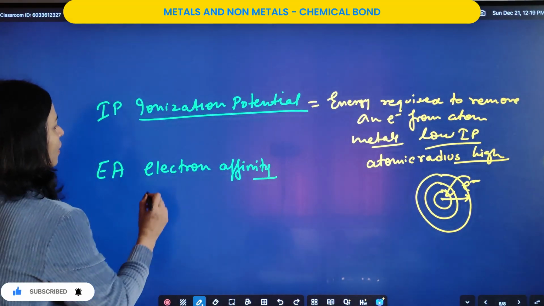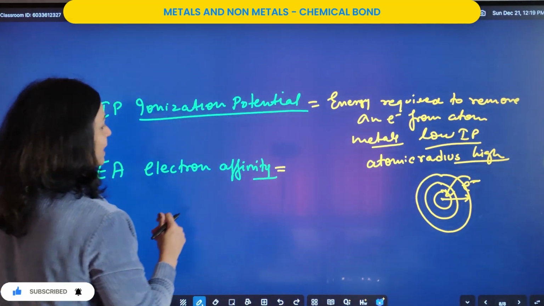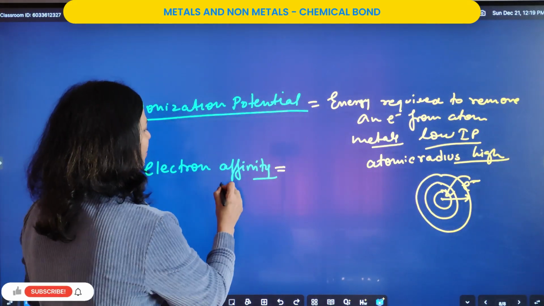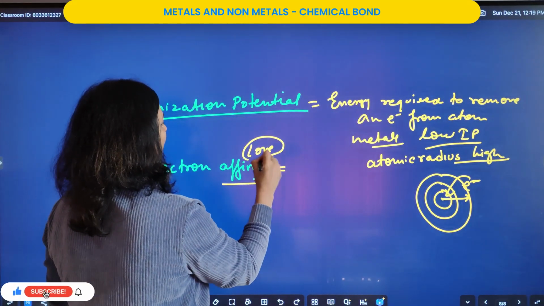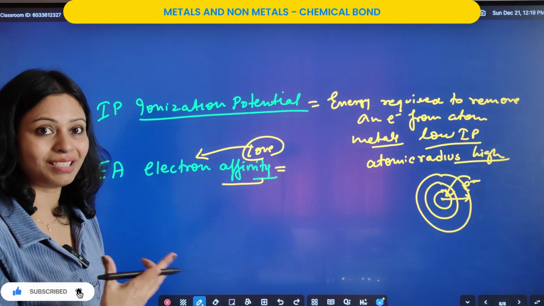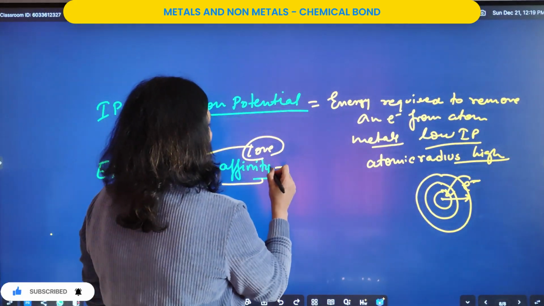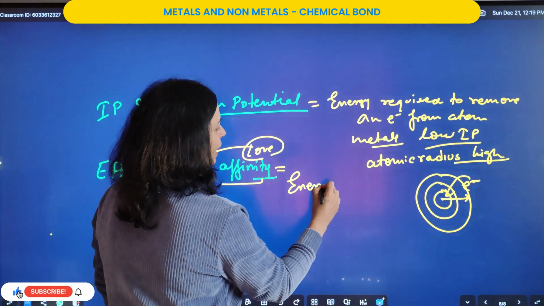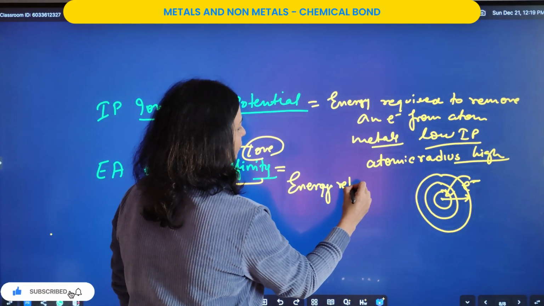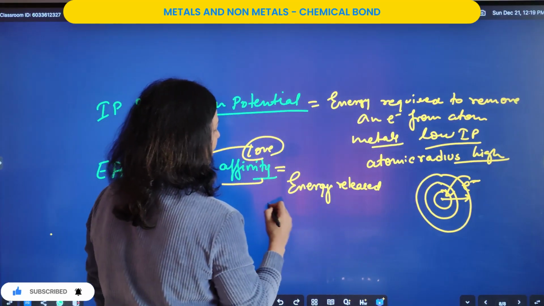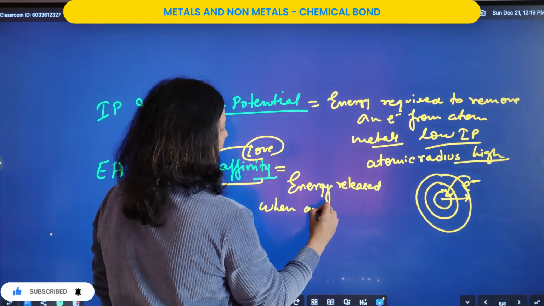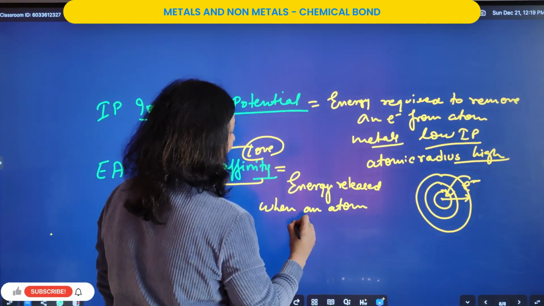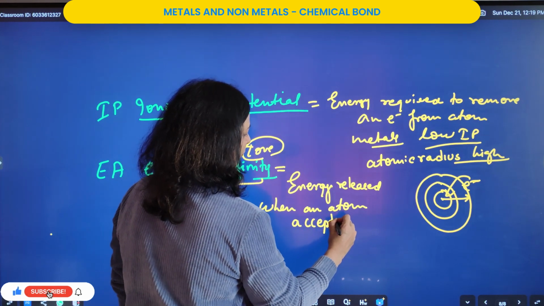Okay. Now, electron affinity is the love for electrons: how much the atom likes the electron. We define it as the energy released when an atom accepts an electron.